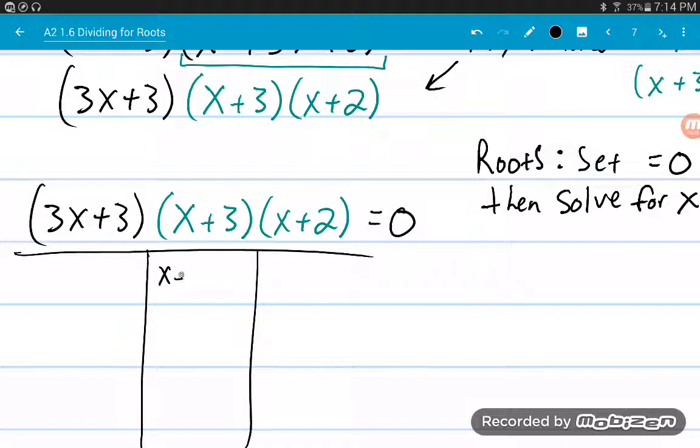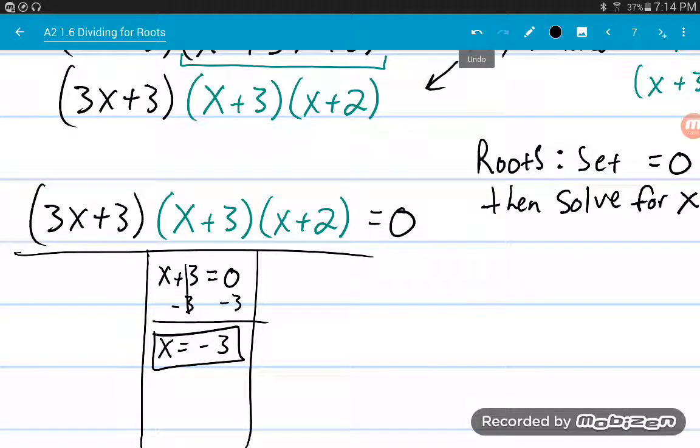What if x plus 3 was equal to 0? Well, then x would be equal to, let's get it by itself, negative 3. Now I should box that because it's actually one of my solutions. If x plus 2 was equal to 0, then I would do minus 2 to cancel that out, and x would be equal to negative 2.